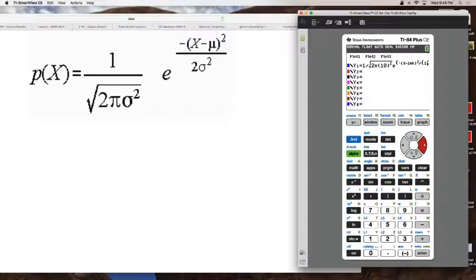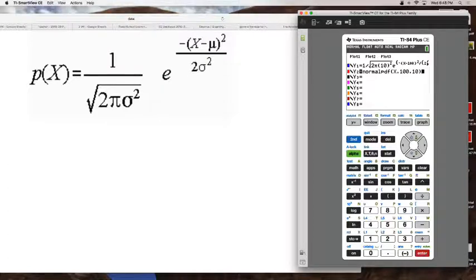In y equals, you can go to distributions, which is the second variables option right here. And right away, there's the normal probability distribution function, not the cumulative, but the probability distribution function. And when I hit enter, it asks for the x value. I want the x value to be x, so it's a variable because I'm in function mode. The mean should be 100 and the standard deviation 10, and when I hit paste, it smacks the whole probability distribution function right there for us.